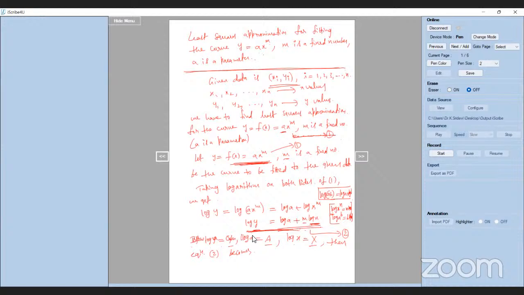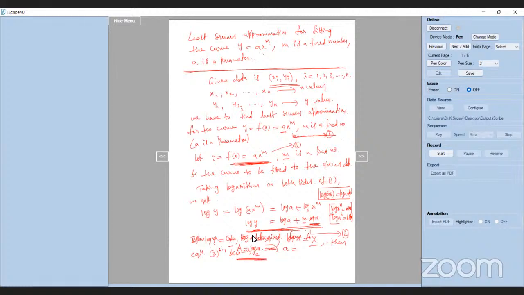Now, small a can be determined from capital A. That is, capital A is equal to log A, which implies that A is equal to, tell me ma, what is A?